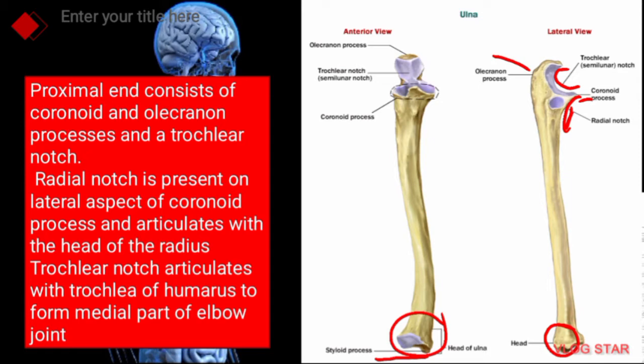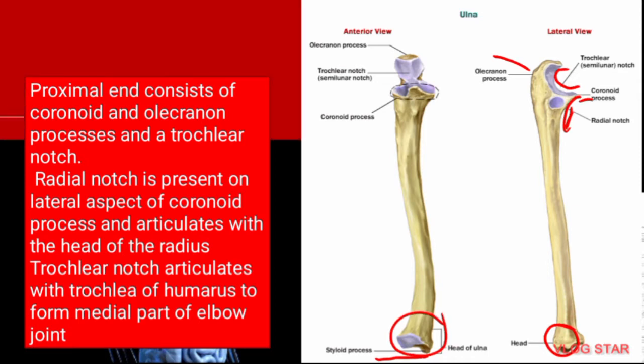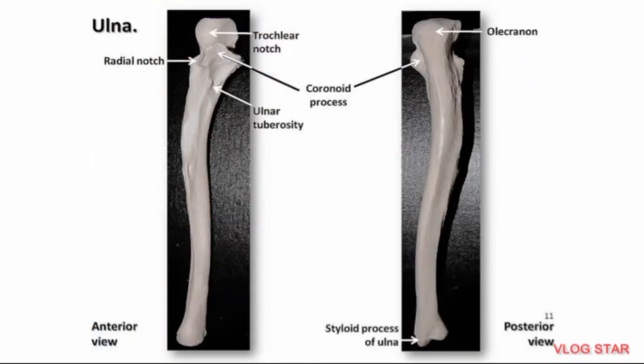Now let's see the muscles attached to the ulna. Here we would see some insertions. Insertions on the ulna are three muscles.